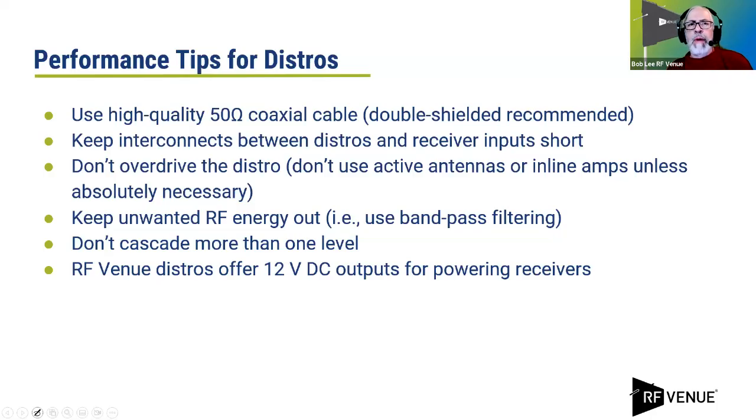It doesn't power through the coax cable, but we do have 12 volt DC ports on the distros so that you can plug them into the receivers and power everything from the distro. There's a convenience factor there because then you can turn all your receivers on and off using the power switch on the distro.